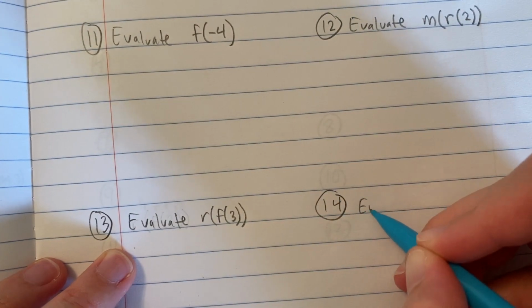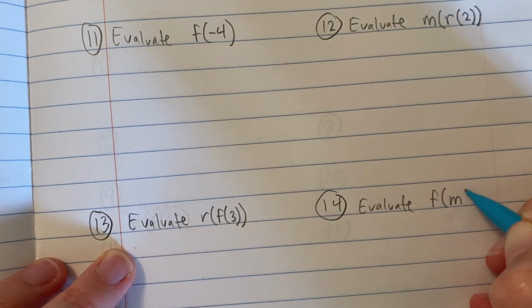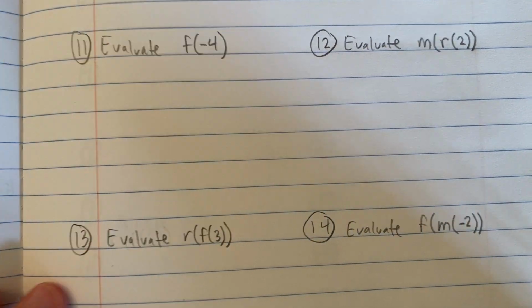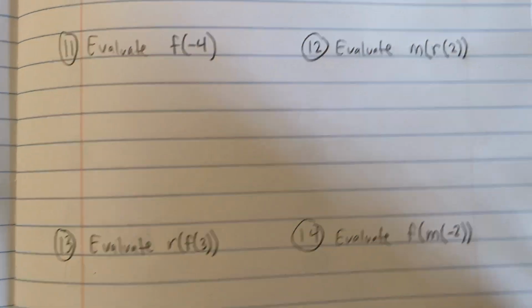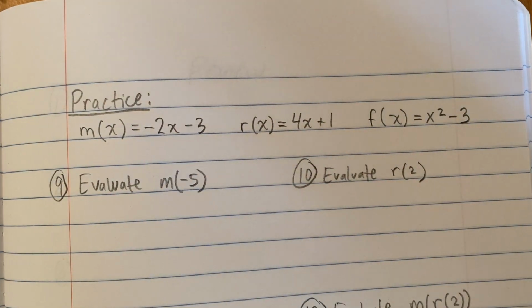But here is where you can show all your work. Okay, and there you go. So that's all set up for you to do questions 9 through 14. Okay, you're going to use those same 3 functions for all 6 of those questions.